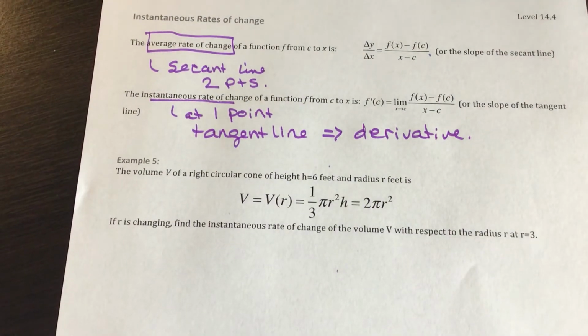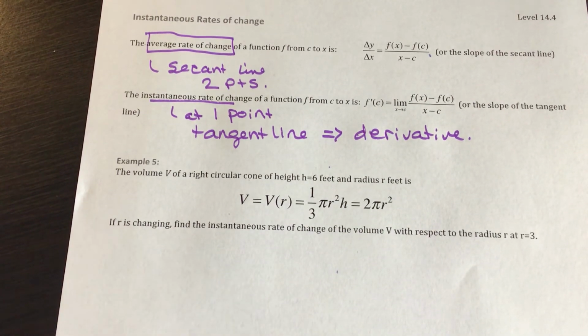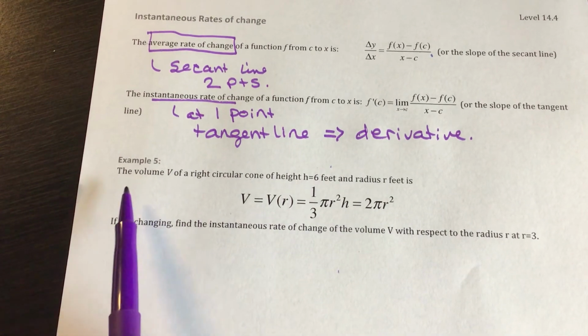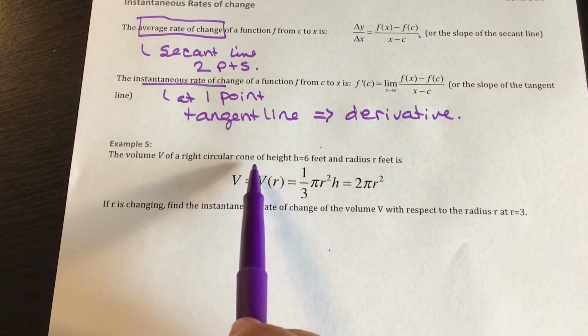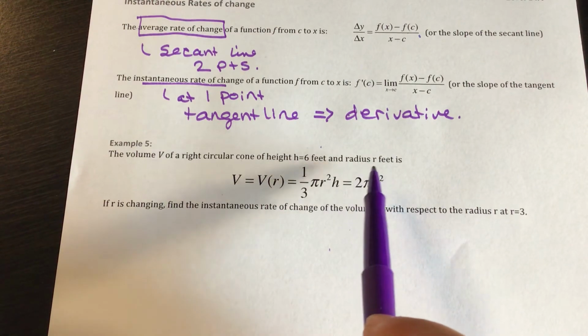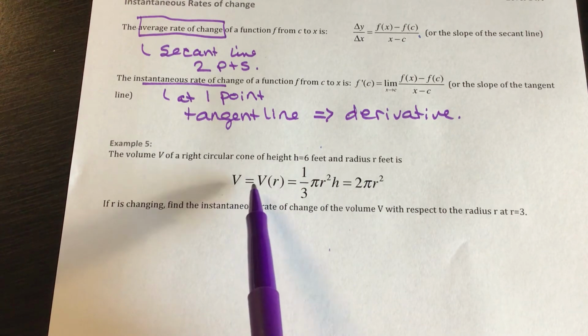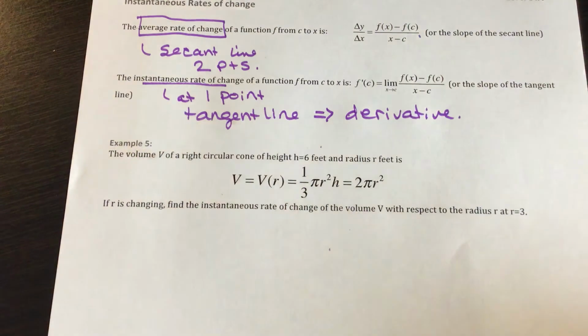Now, we don't just look at this in terms of mathematical simplifying and plug and chug. We can look at this in terms of a physics problem. And here it says we have a volume of a right circular cone with a height of 6, and the radius is r. So we want to know, how is the volume changing compared to the radius?